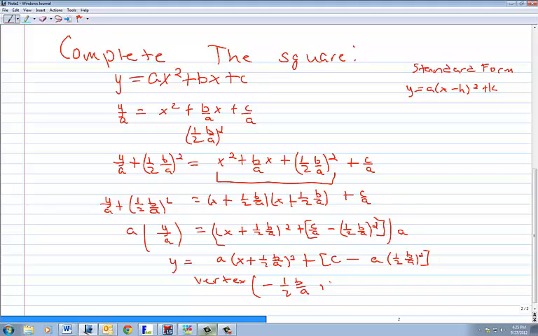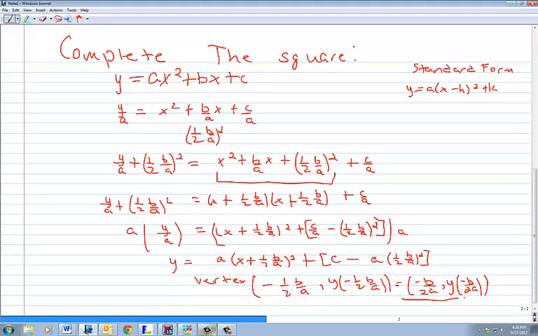So to get the y-coordinate that goes with the x-coordinate negative 1/2 b over a, I'm going to plug it into the formula. In other words, I'm going to compute y when x is negative 1/2 b over a. A better way to remember this is that the x-coordinate is negative b over 2a, which is the same thing as negative 1/2 times b over a. Then to get the y value, we plug the negative b over 2a into the formula.